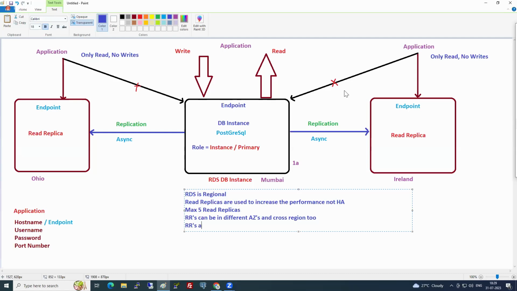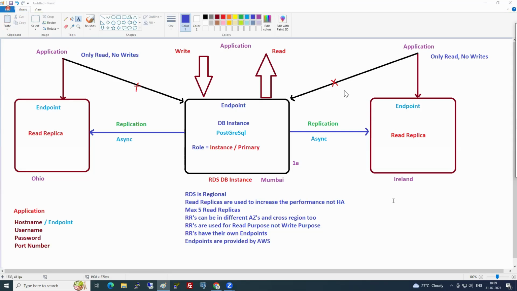Read replicas are used for read purpose, not write purpose. Read replicas have their own endpoints. Clear? Any questions still, everyone? And who will provide these endpoints? Endpoints are provided by AWS.